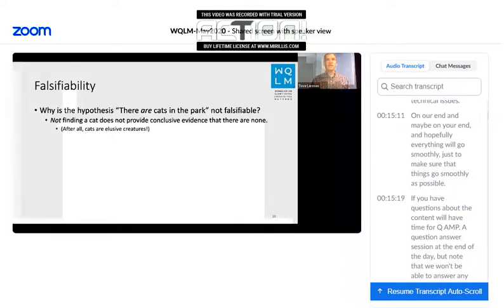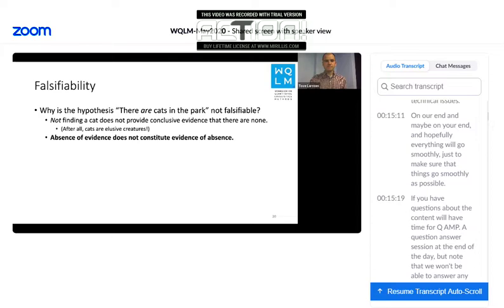Cats are elusive, and it could be the case that we just didn't see any or observe any, even though there are in fact cats hiding somewhere in the park. So it's much more difficult to falsify the hypothesis that there are cats. And saying that there are none simply says that there's an absence of evidence, and as we know, the absence of evidence does not constitute evidence of absence.